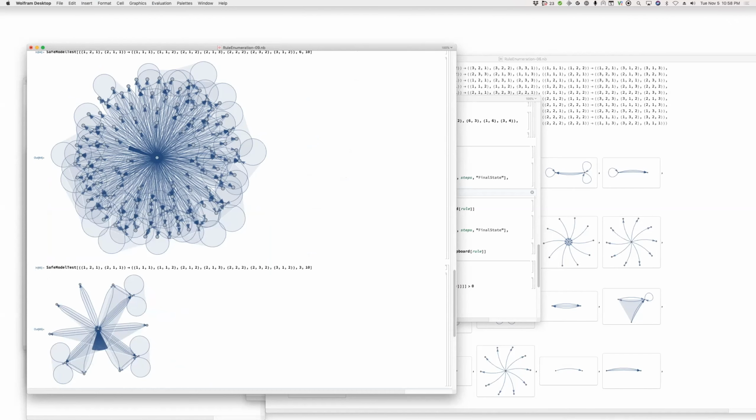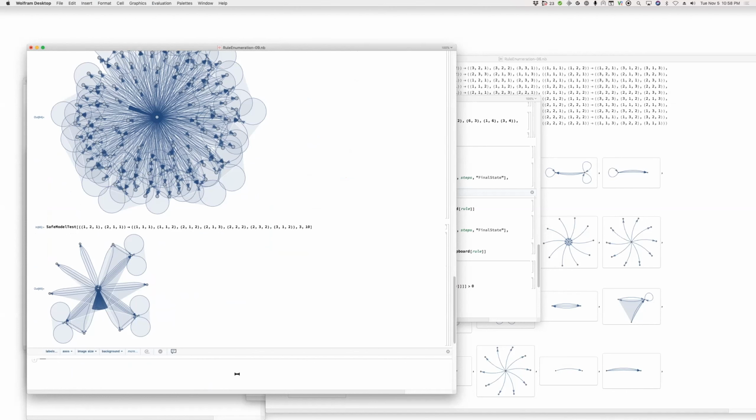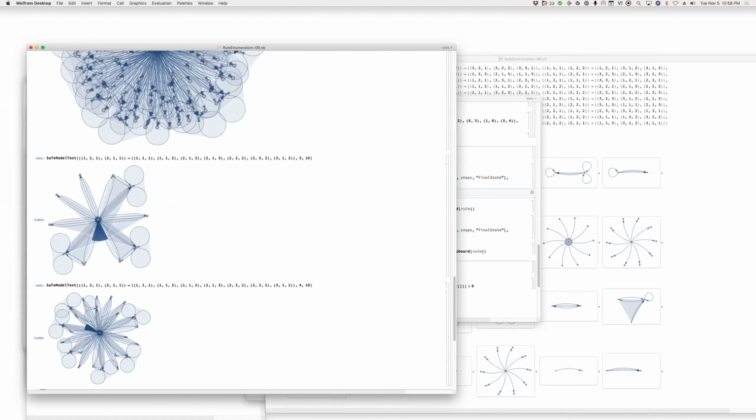Any idea what that thing is doing? I don't think this is totally obviously trivial.